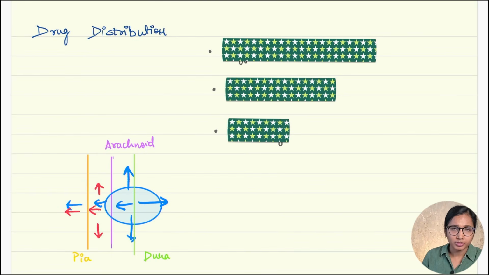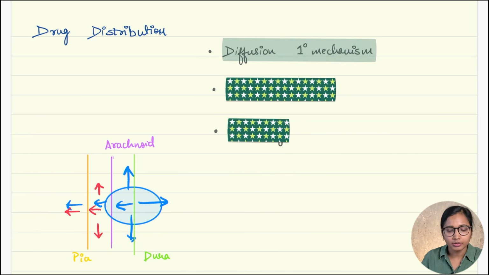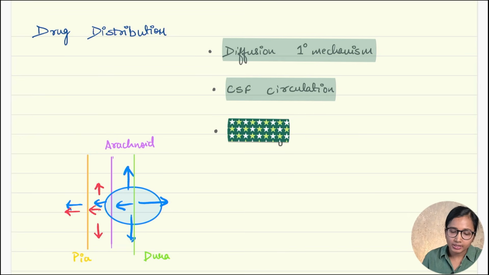Drug distribution. The primary mechanism of drug distribution is diffusion. Diffusion is the primary mechanism by which the drug gets distributed into the spinal cord. Next is the CSF circulation, which is different in pediatrics versus elderly.